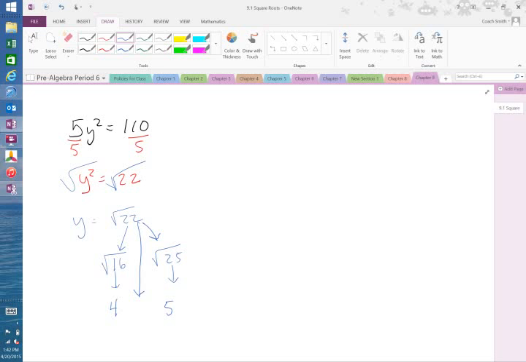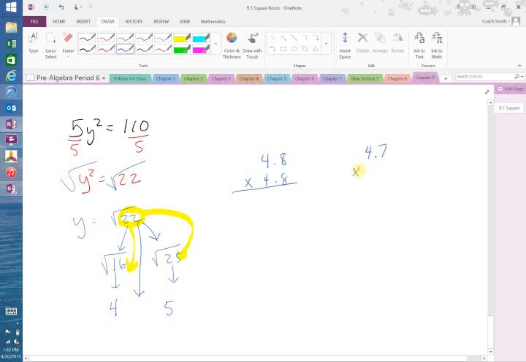But we want to get closer than just knowing those 10 numbers. So, is 22 closer to 25 or closer to 16? Closer to 25. So I'm going to be at the upper end. I'm going to say 4.8 times 4.8, and I'm going to say 4.7 times 4.7.